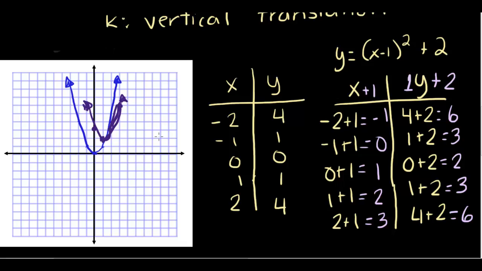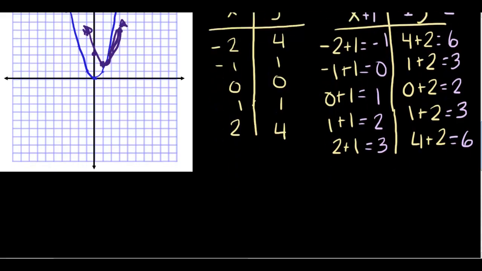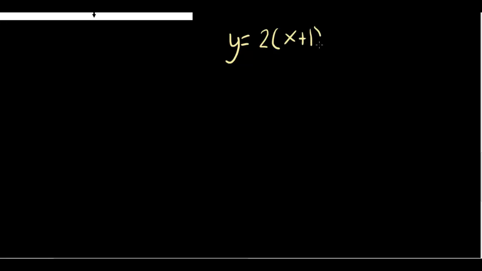Now we're going to go ahead and graph another one, but we will have a value in front of the x minus 1. So that means the value of a is not going to be 1. We're going to graph now y equals 2 times (x plus 1) squared minus 4.